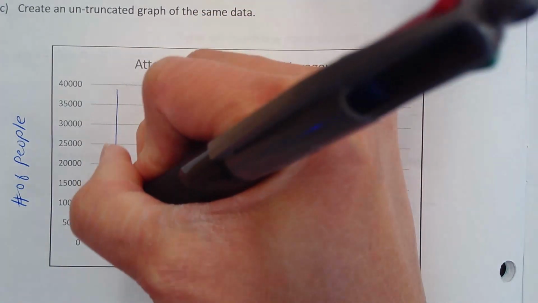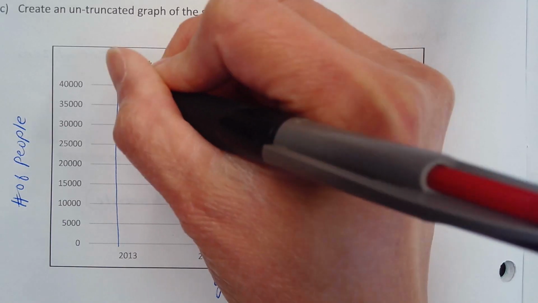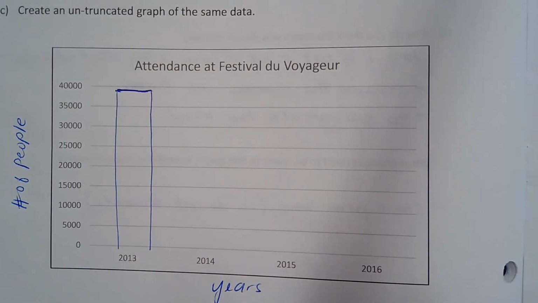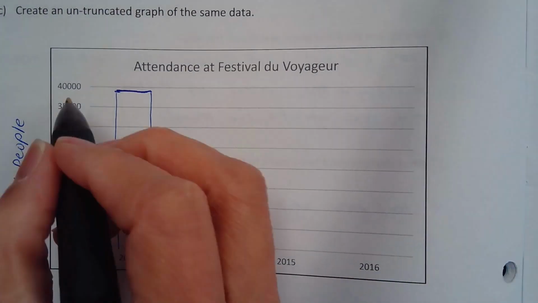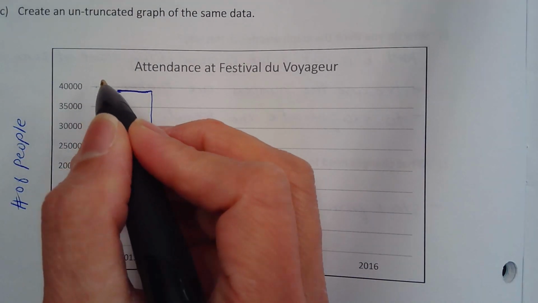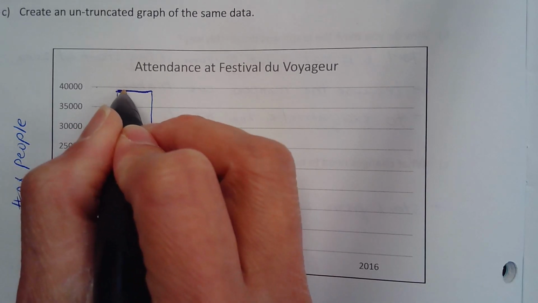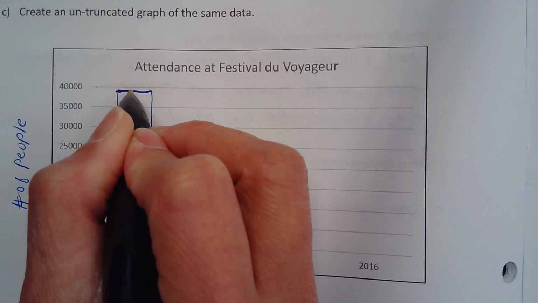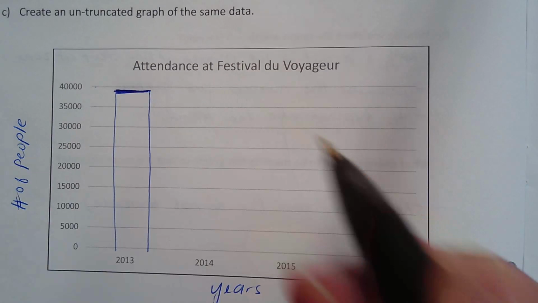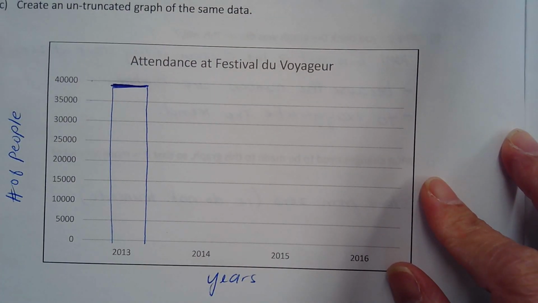It's very, very close to, if this is 35,500 and then this is 4,000, 35,900 up there. It's getting close to 4,000 attendees.